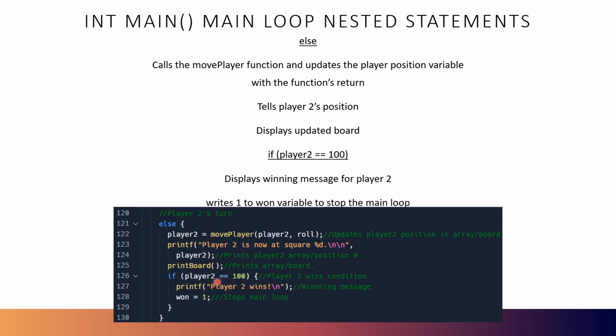This just occurs because in the first statement, the if condition was if current player is set to 1. So if it's not set to 1, then it runs this else statement. Everything else here is exactly the same, except if player 2 is equal to 100, then it shows player 2 wins.